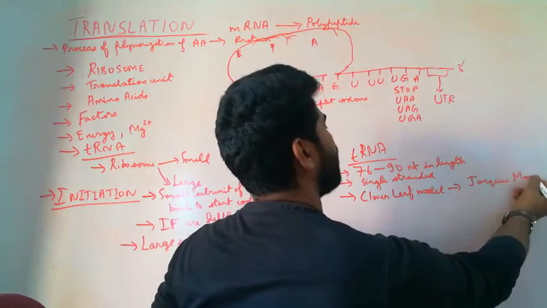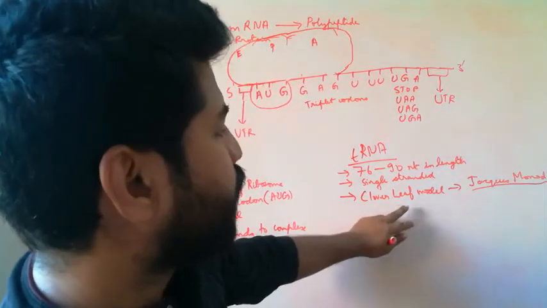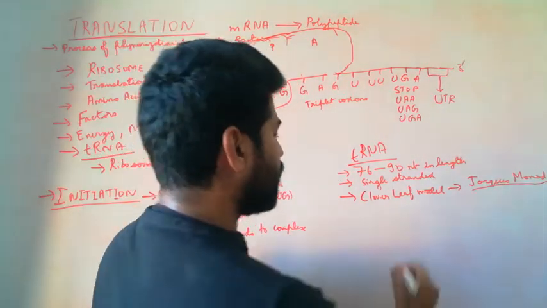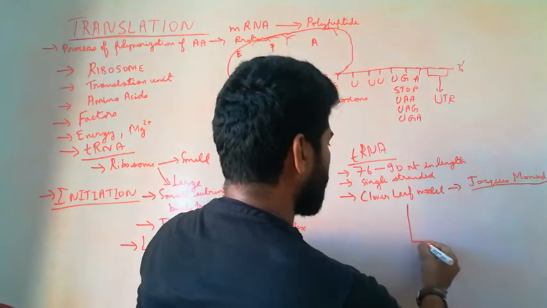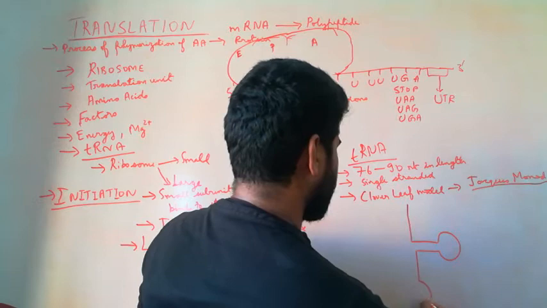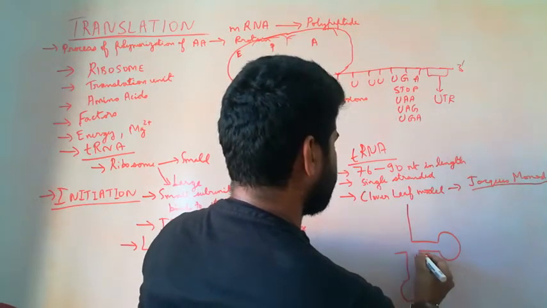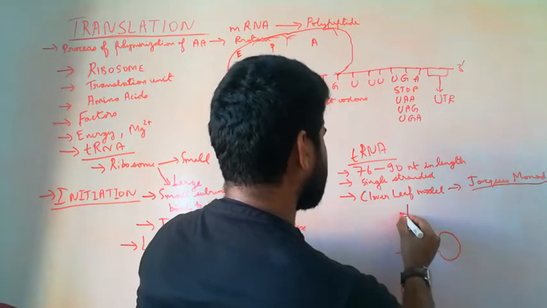The structure of tRNA. Jacques Monod proposed the clover leaf model. So the structure of tRNA, it looks like this.